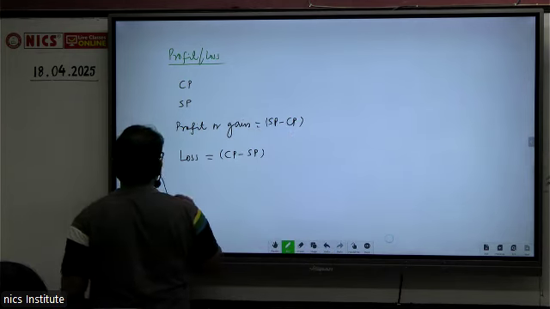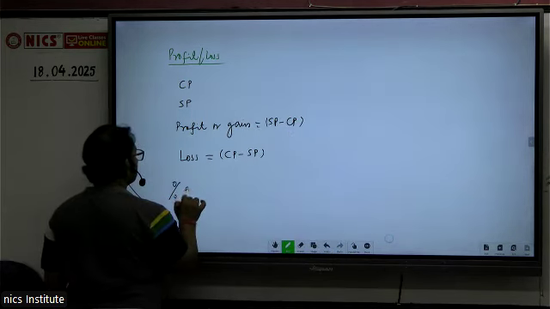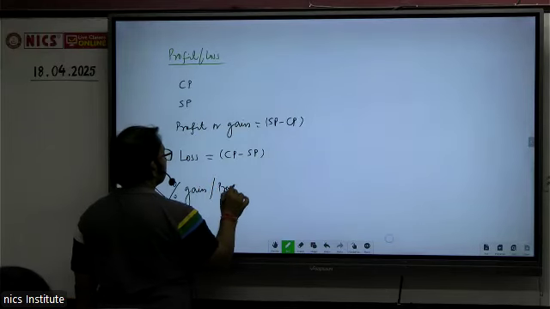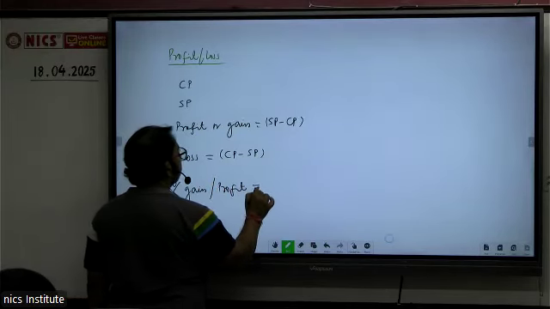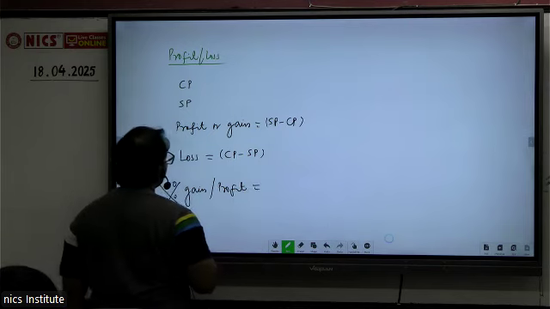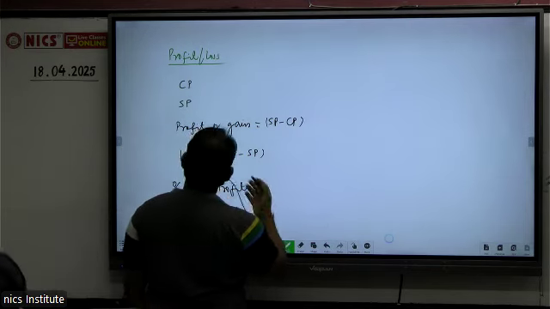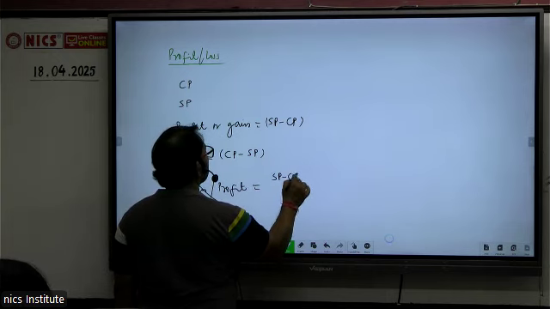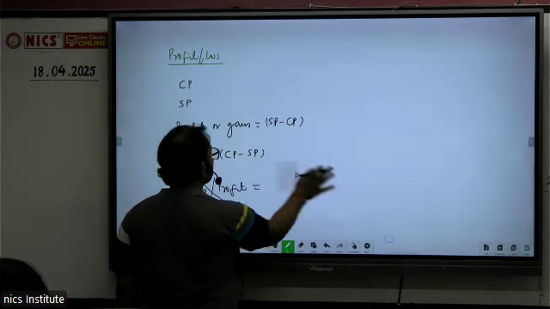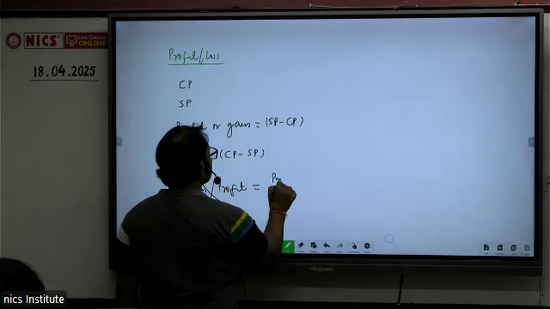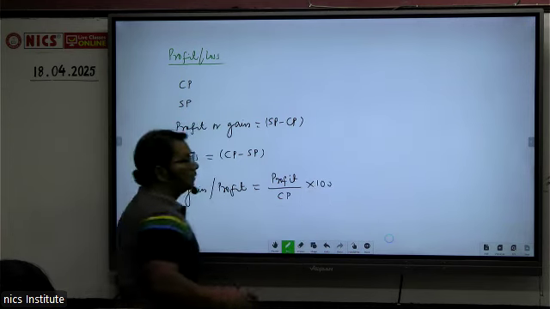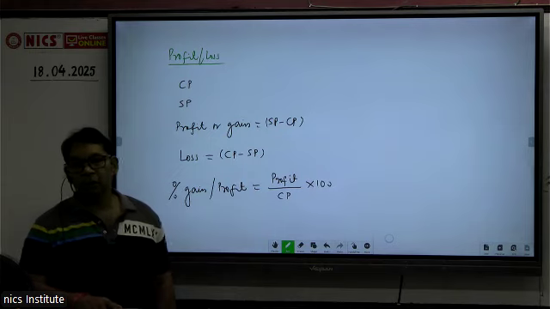What will be percentage gain or profit? You see, the gain percentage is always with respect to the cost price. The profit divided by the cost price, profit by CP, would be profit percentage.